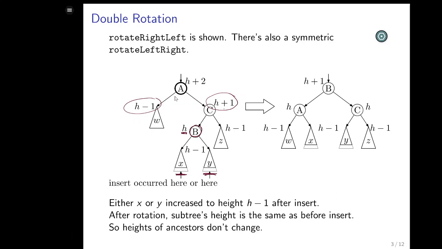And what I'm doing now is rearranging. You can call it a double rotation or you can call it a manipulation of pointers. I'm rearranging the children so that instead of looking like an elbow, A, C, B, going like this, it's going like this. You put B in the middle.